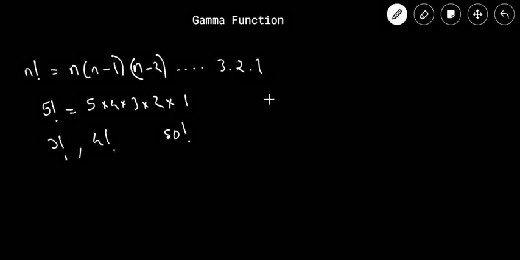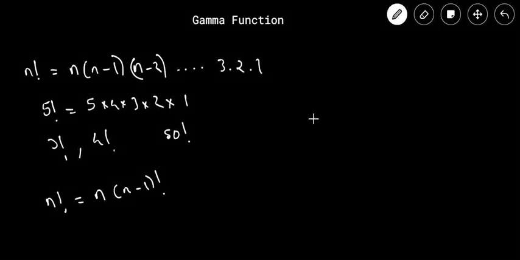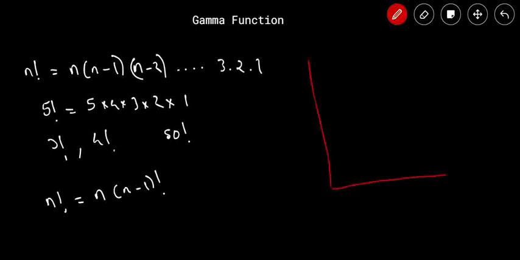So we know some properties of the factorial function, that is n factorial is equal to n times n minus 1 factorial and so on.